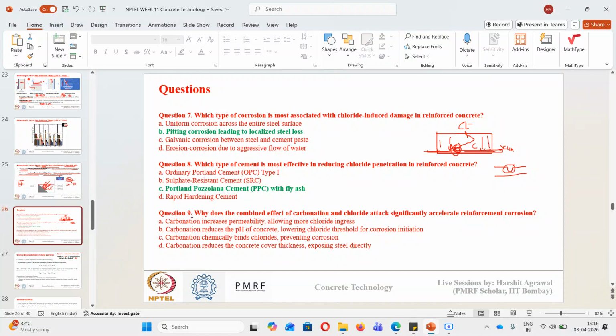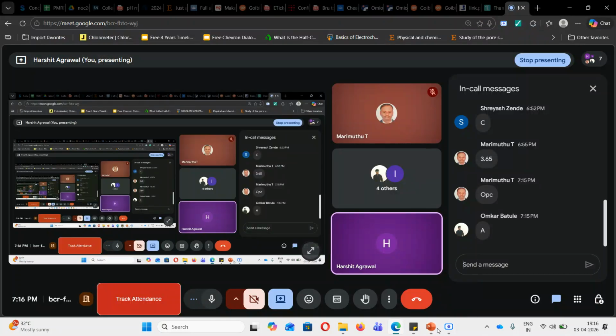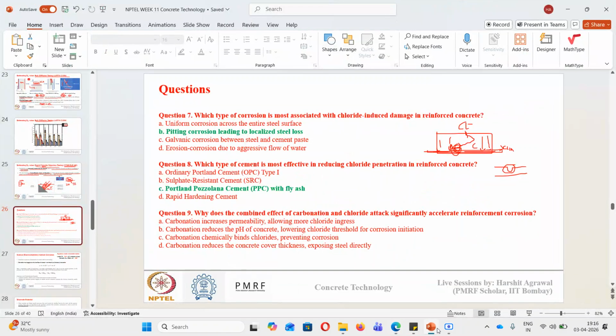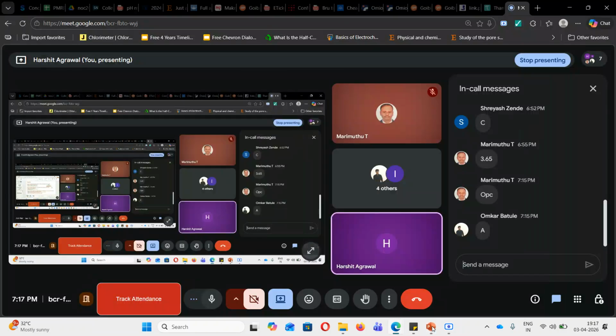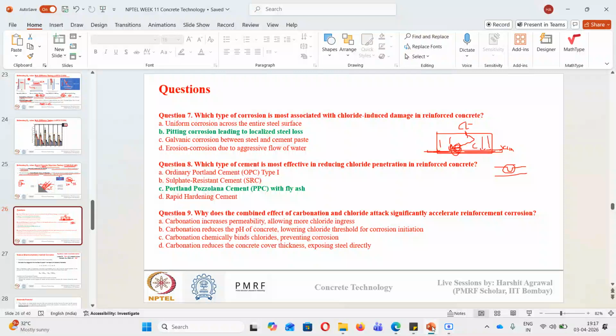Although one is an indirect and one is a direct effect, how are they both clubbing together? Any guess for question number 9?